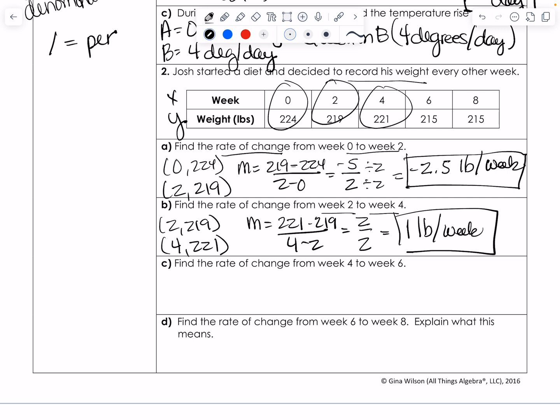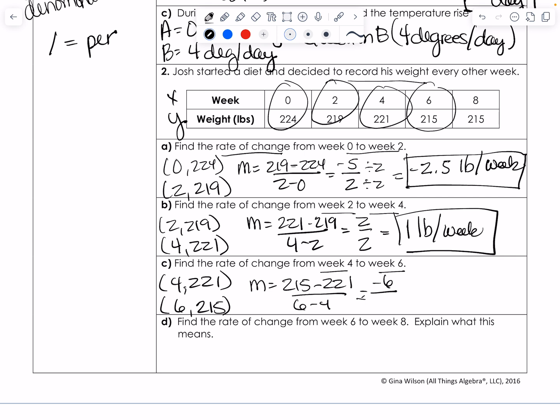Next, it says find week 4 and week 6. Week 4 is 4 and 221, and 6 and 215. So if I have M is equal to 215 minus 221 over 6 minus 4, 215 minus 221 is going to give me a negative 6 over 2.